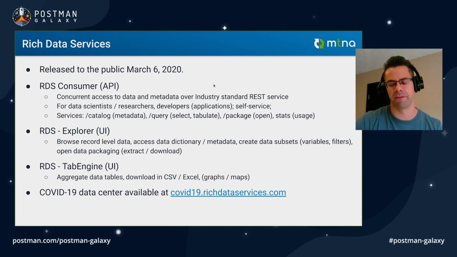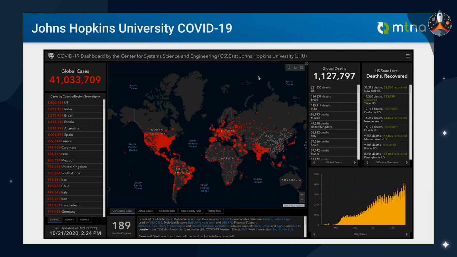Now, at this time we had been following the Johns Hopkins University dashboard for a month or two, and we began to poke around to see what their data was actually like. We found their GitHub repository, which has 3 global CSV files for confirmed cases, deaths, and recoveries that they use to power their dashboard.